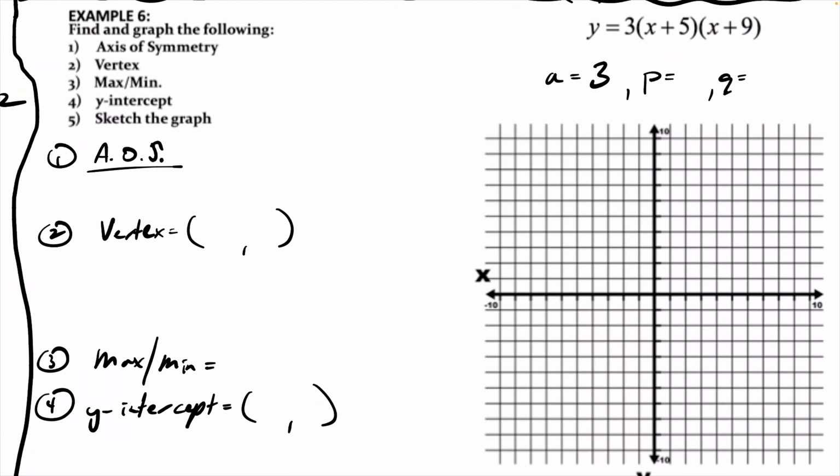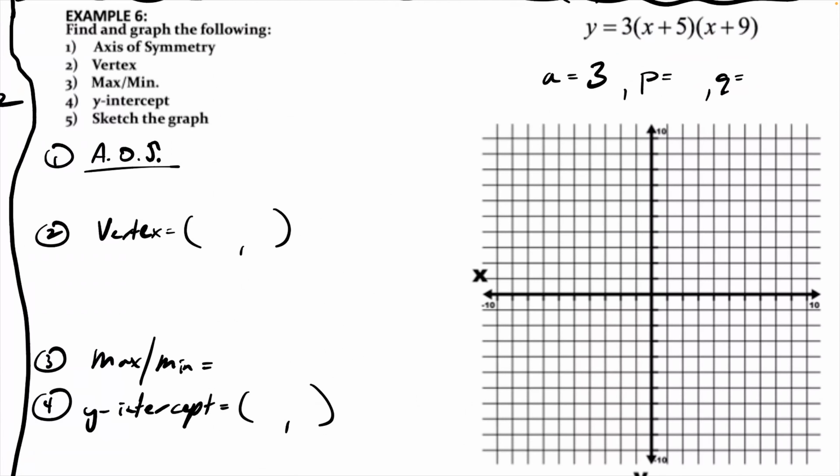P, what is P going to be? -5, and Q is -9, right? Don't change them, leave them. But we know that they're really that. Axis of symmetry, x equals -5 plus -9 divided by 2. It's going to be -7, right?